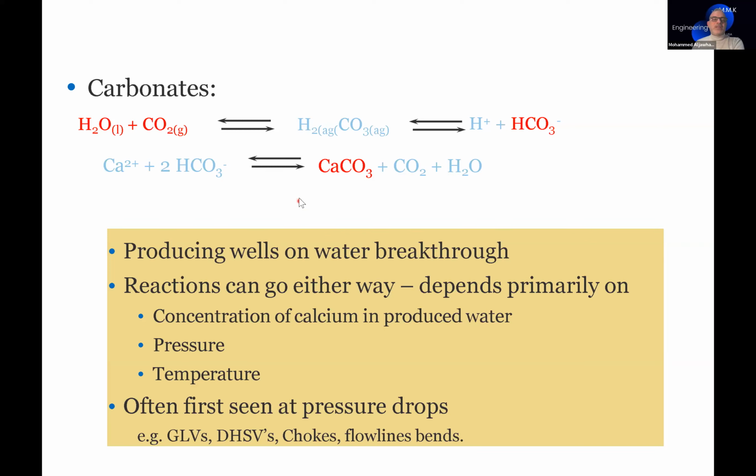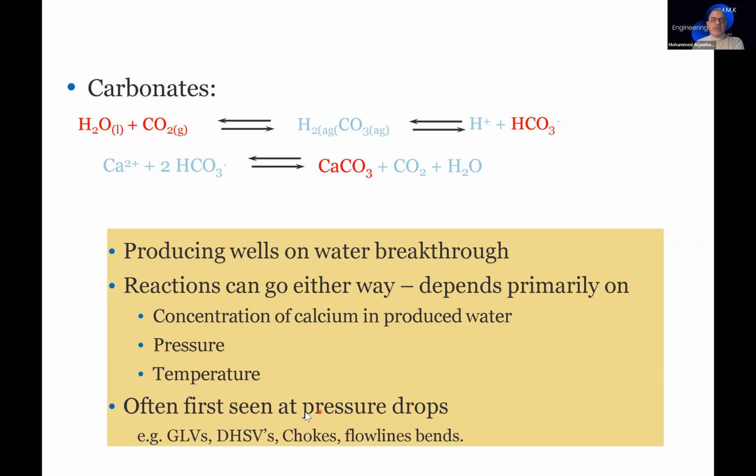So how does the reaction take place? The concentration of calcium in the produced water, pressure, and temperature are factors playing heavily in deposition of the scale inside the wellbore.